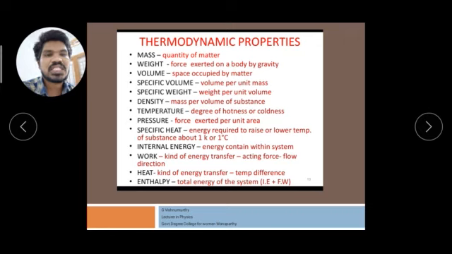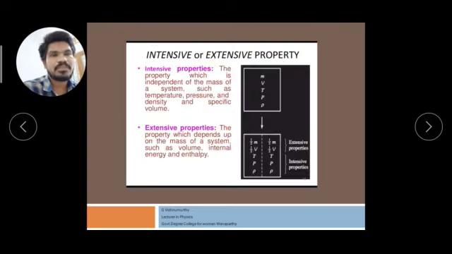Enthalpy is the total energy of the system, that is IE plus FW. So these are the thermodynamic terminology or properties.